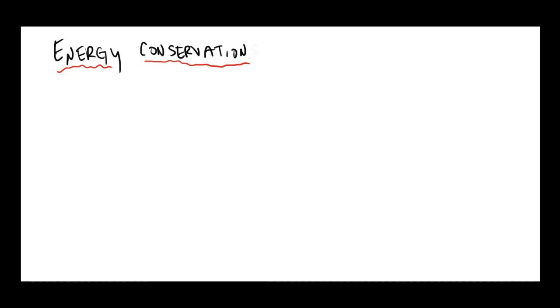Now, conservation of energy is a bigger topic than what we're going to deal with. We're specifically going to talk about energy conservation as it applies to mechanical energy. So mechanical energy is energy associated with massive objects that are moving or could potentially be moving, have the ability to move.